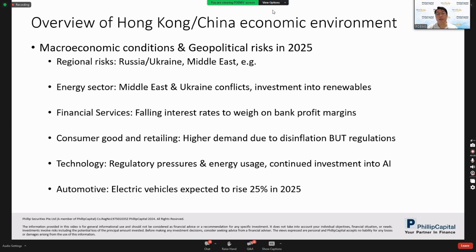Overall, EV vehicle sales in China are expected to increase by 25% in 2025. That is quite a substantial increase in terms of number. And as I go through the individual stocks' expectations, you can see how these overall economy factors might affect the individual counters as well.